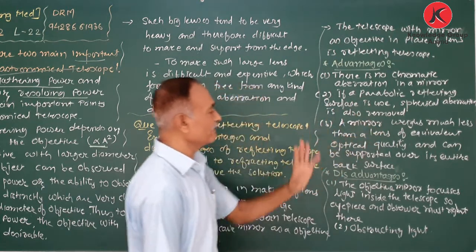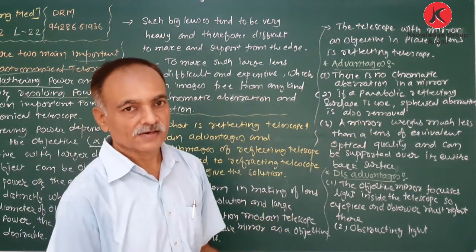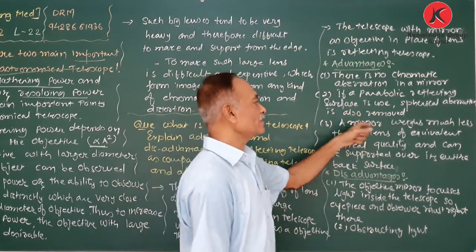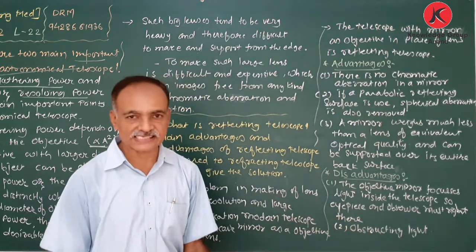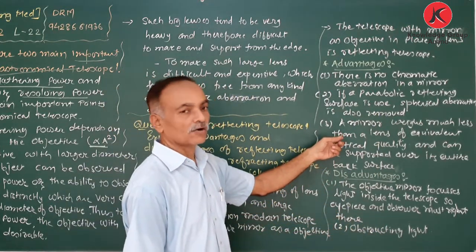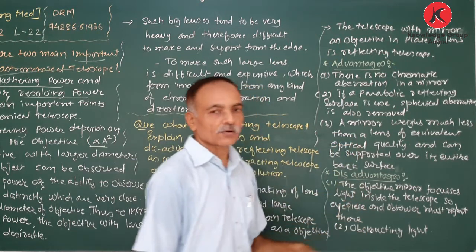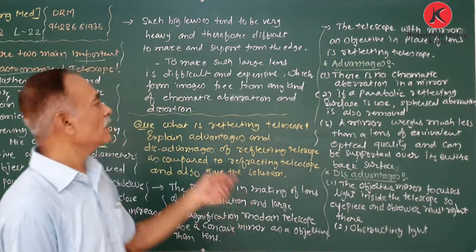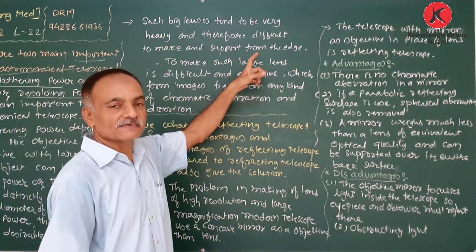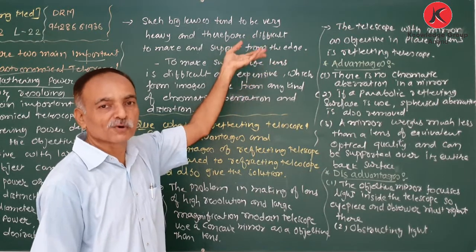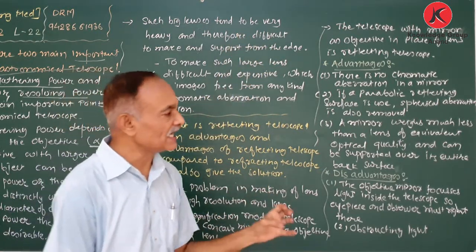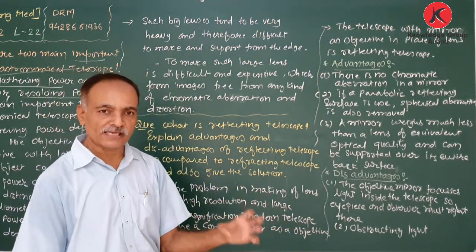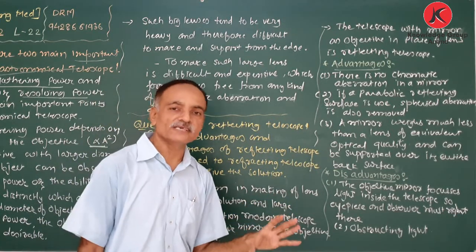One more thing, the third advantage, is that the weight of the mirror is much less than the lens of equivalent optical power, and it can be supported over its backside. In an objective lens with larger diameter, the weight is more, so the problem arises in mounting this lens, because a lens can only be mounted from its edge.